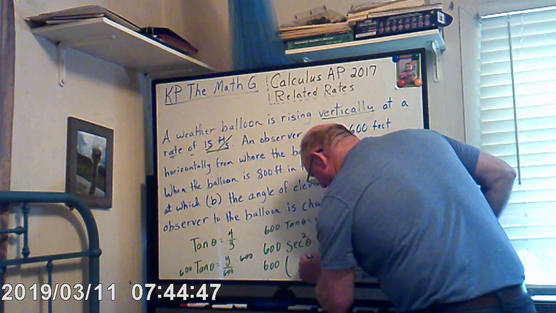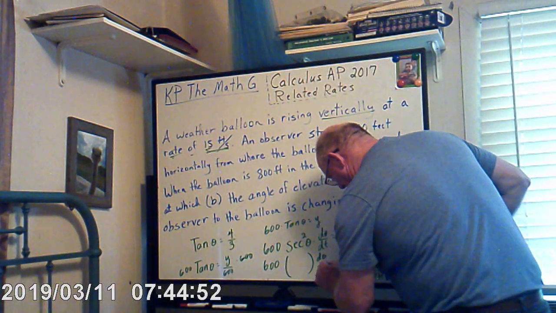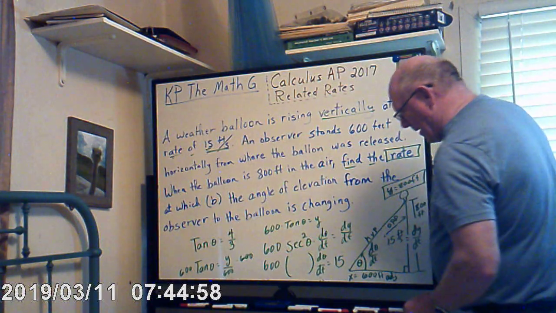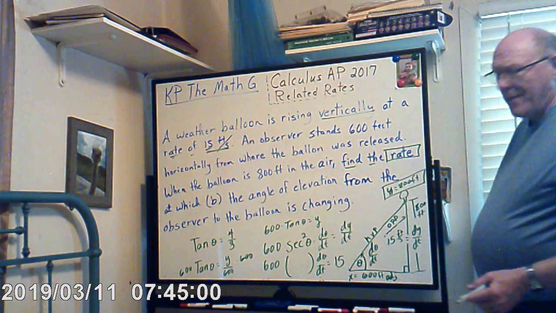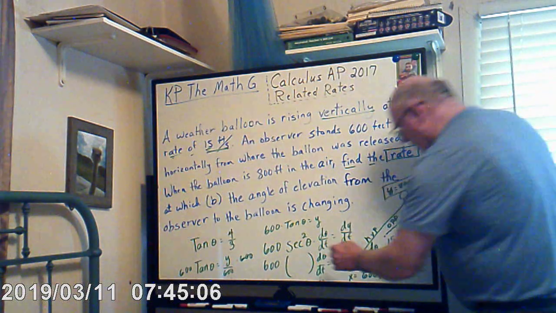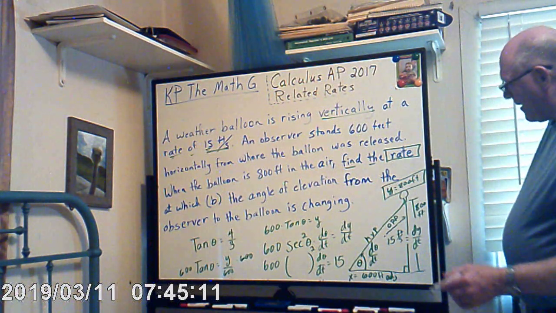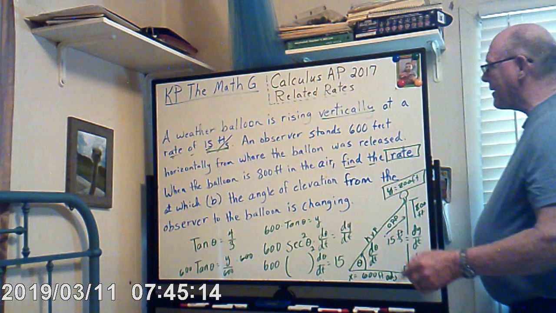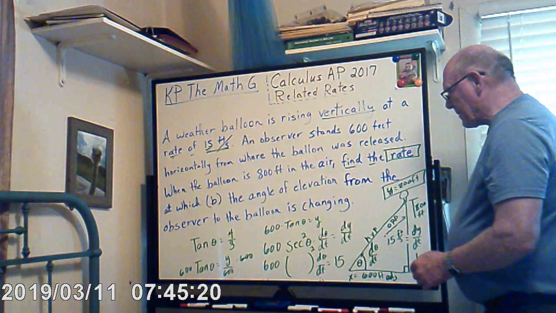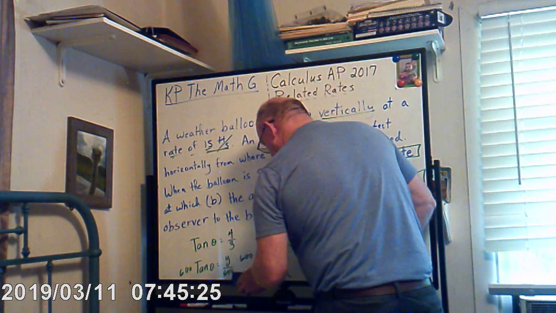We're going to find out what secant is, and we know that this is 15 feet per second. There's that much right there. We already have that far. Let's find out what secant is, and by the way, this is squared. So we have to find secant. Let me erase some of it.